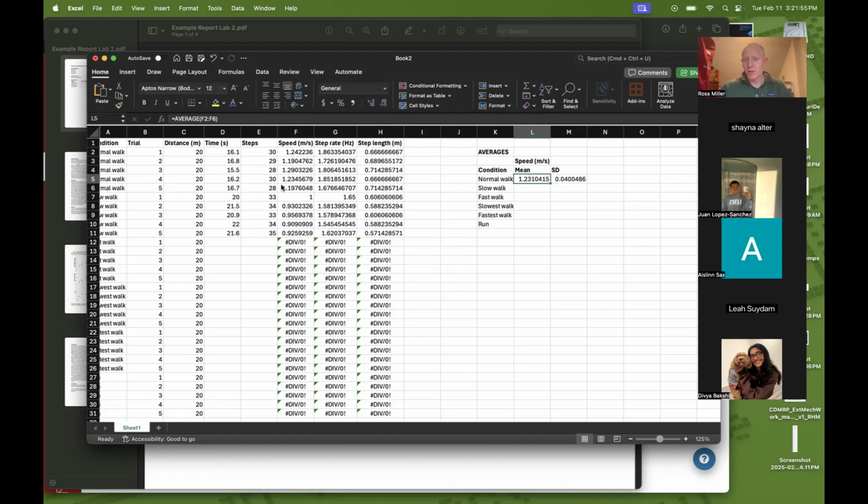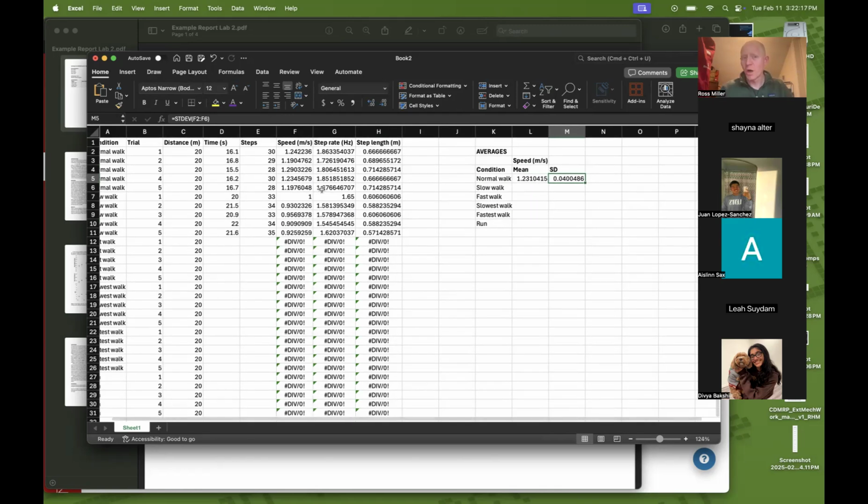Okay. So mean here, that kind of makes intuitive sense. Like that's just the average speed, right? One time it was 1.24, then 1.19, then 1.29, yada yada. Average all those together, and it's on average in the normal walk, you walked at that speed. Standard deviation is kind of the variation around that mean. So the bigger that standard deviation is, the more variable your walking speed was from trial to trial within that normal condition.